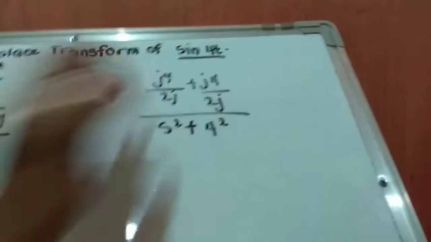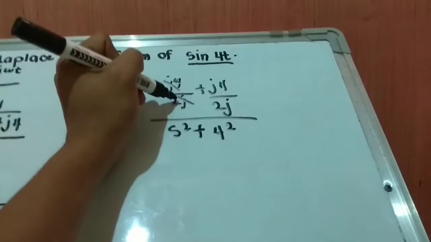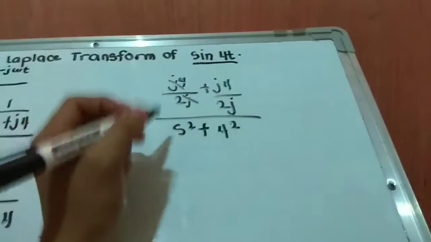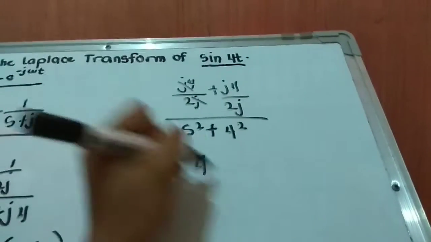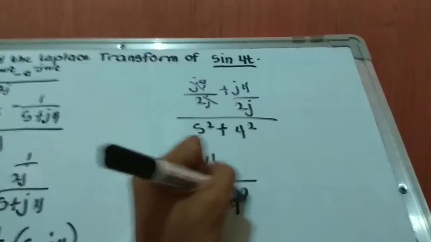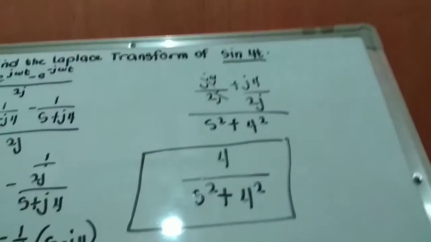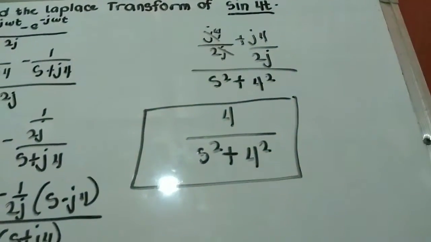Simplify these values, so we can cancel j and simplify this to 2 plus 2 is equal to 4. So 4 over s squared plus 4 squared. So the Laplace of sine 4t is 4 over s squared plus 4 squared.